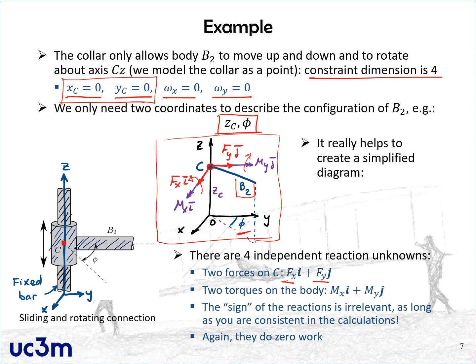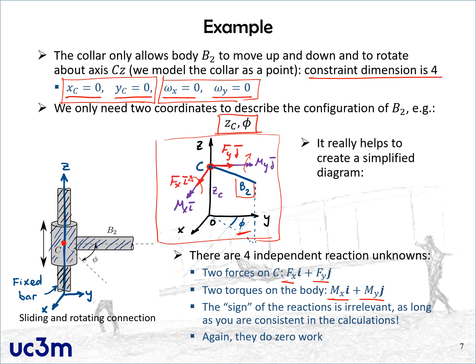But on top of that, we also have reaction torques, and these are the mechanisms that enforce that the rigid body does not rotate about the X and Y axes. So they are associated to these other 2 equations. So on top of these reaction forces, we have to include these reaction torques. In total, we have 4 unknown parameters: Fx, Fy, Mx, and My, which we have to solve for as part of the rest of the problem.